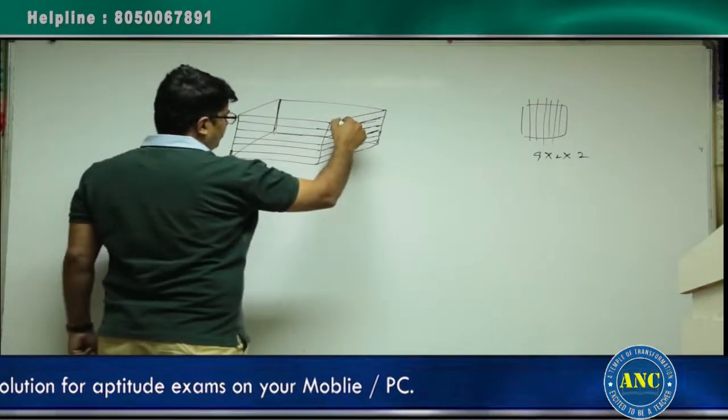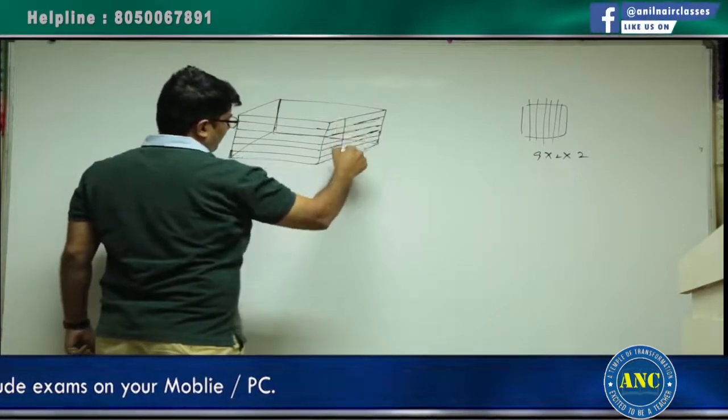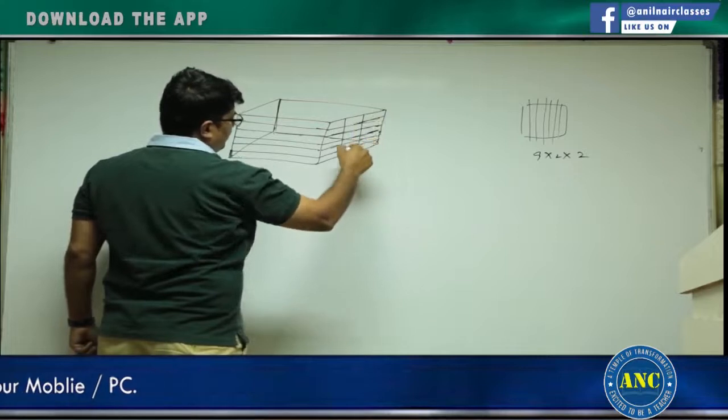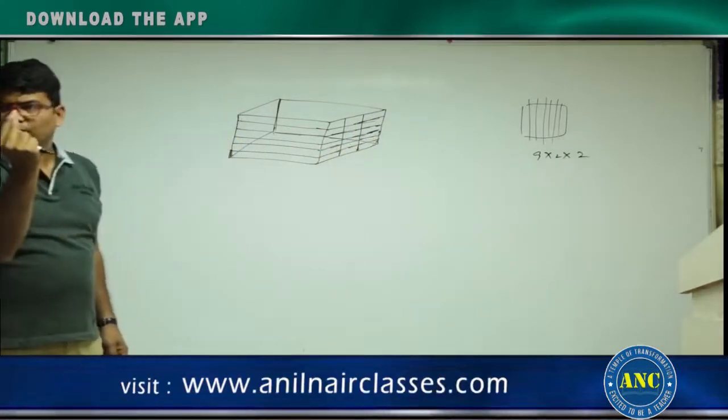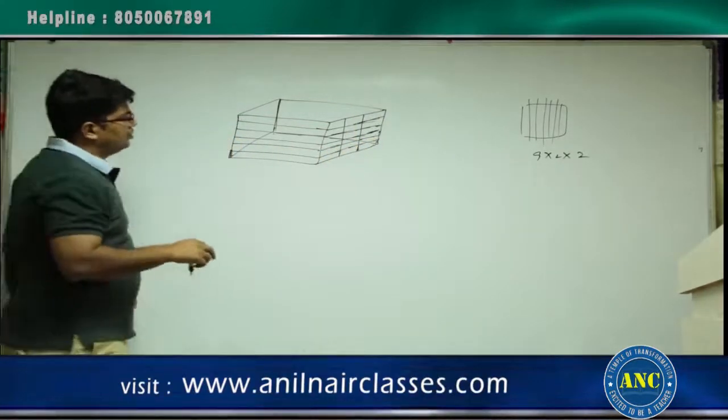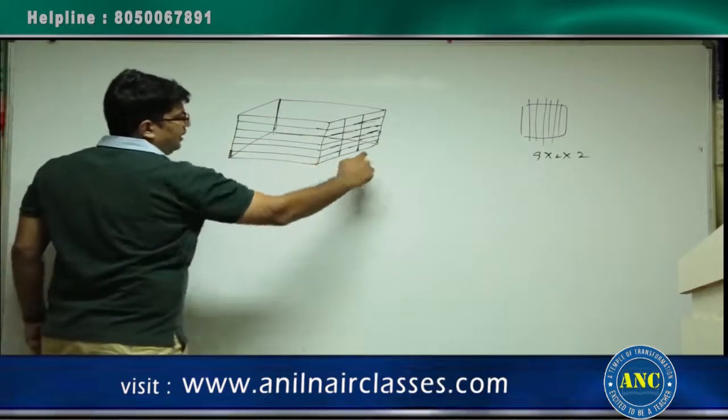This side, let me take only 3. But imagine the shape to be cubes only. So this is 1, 2, 3.